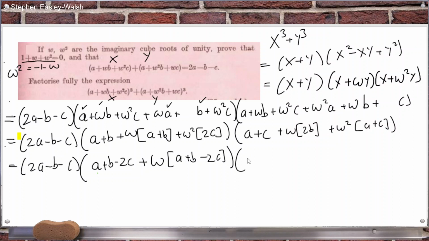And then this one here would be a plus c minus a minus c. That's interesting. So when you replace the omega squared with minus 1 minus omega and multiply it out, those guys will cancel with those guys. So you're just left with minus omega. So that would be omega times 2b minus a minus c.